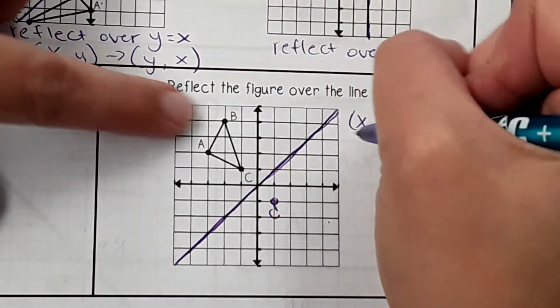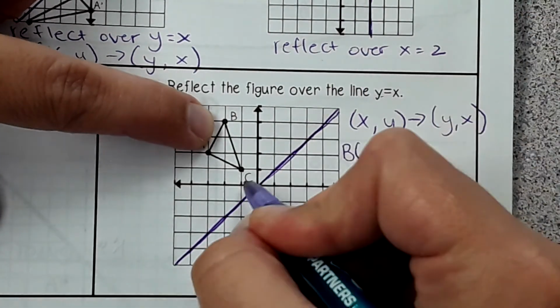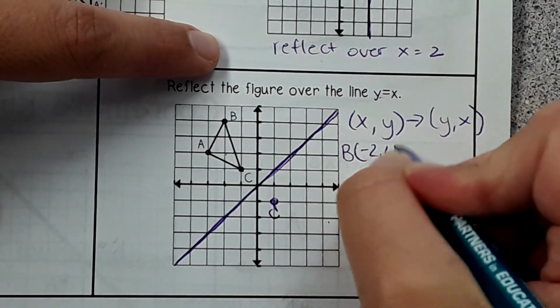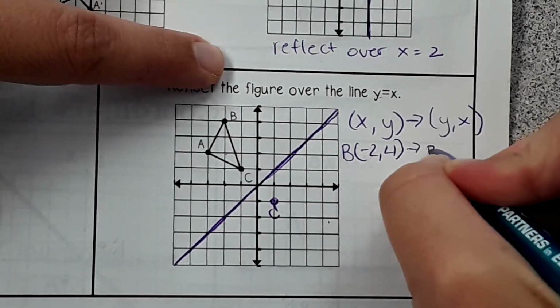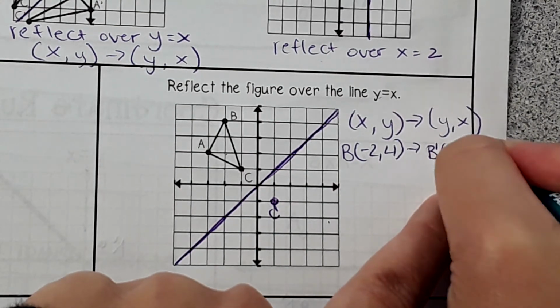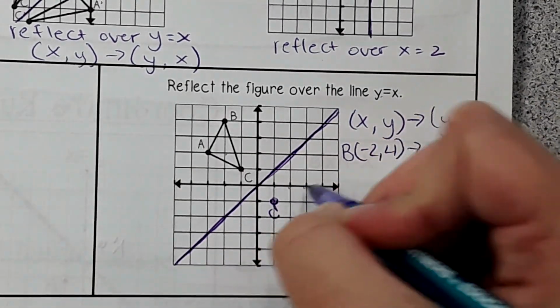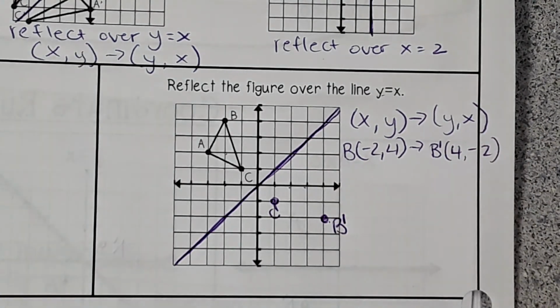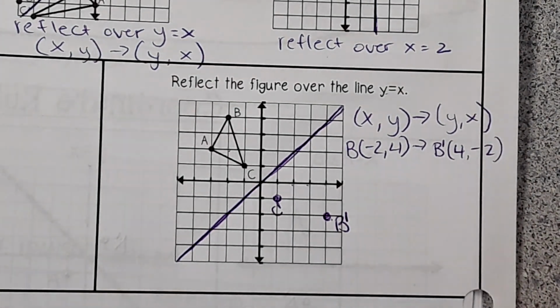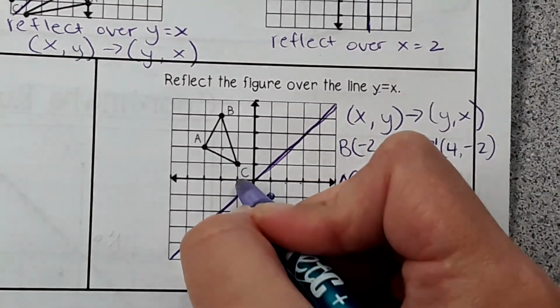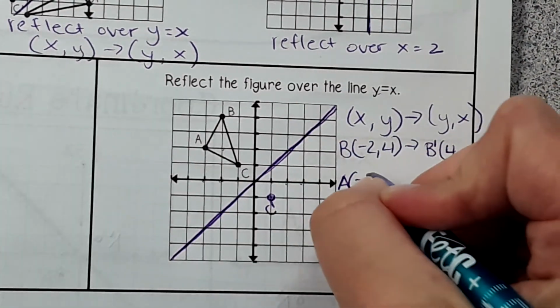So for point B, our original is -2, 4. So our coordinates for B prime would be 4, -2. And we're going to do the same thing for point A. A is at -3, 2.